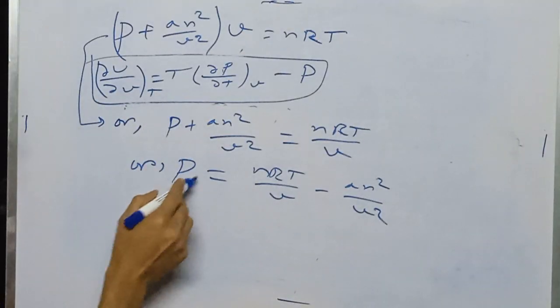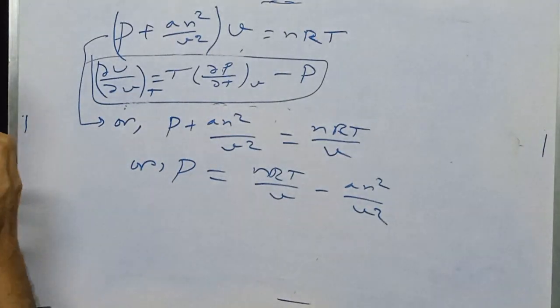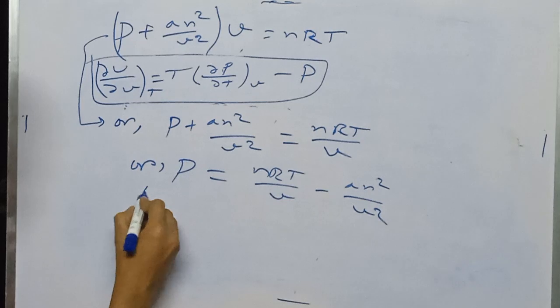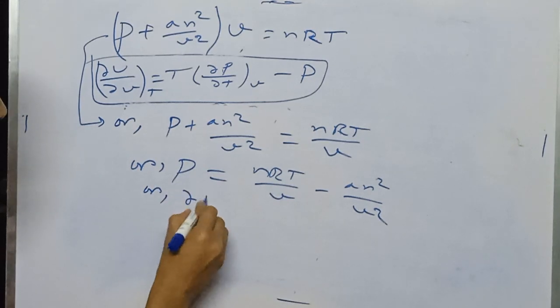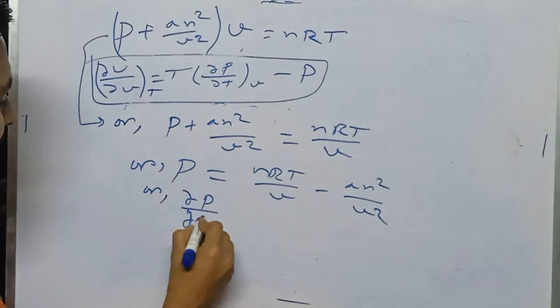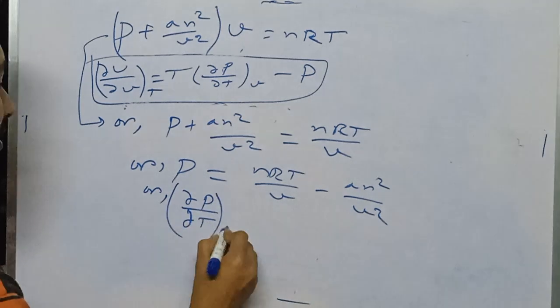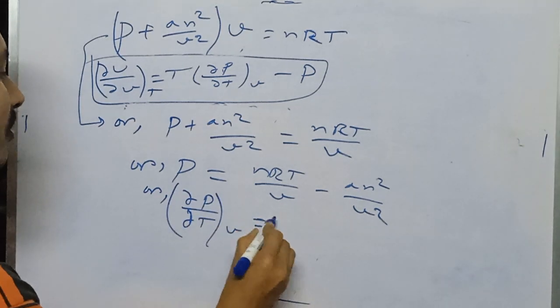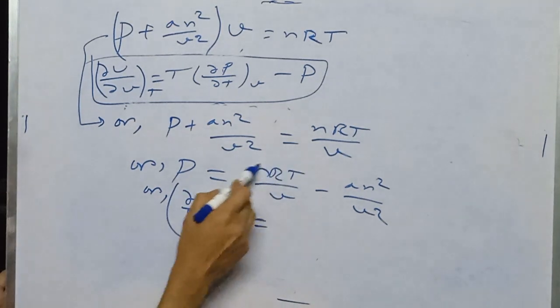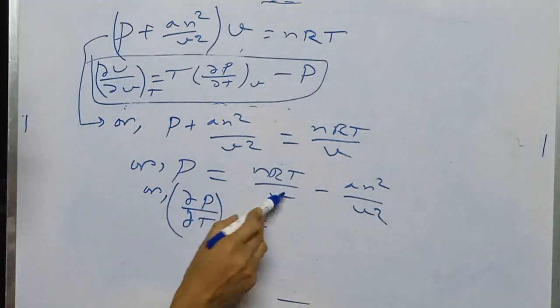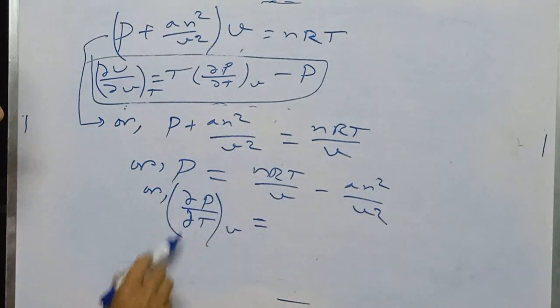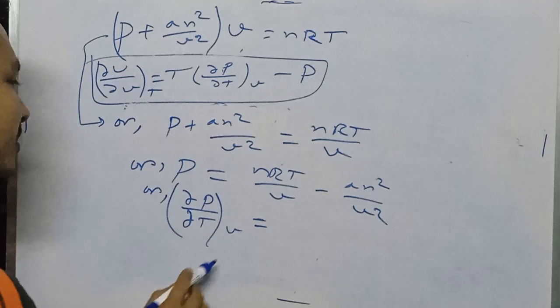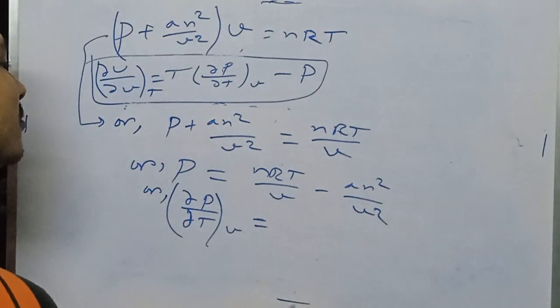So here only the pressure related term is kept at the left hand side, then differentiate this with respect to temperature at constant volume. So here n is constant, R is constant, and as this differentiation is at constant volume, V is also constant.